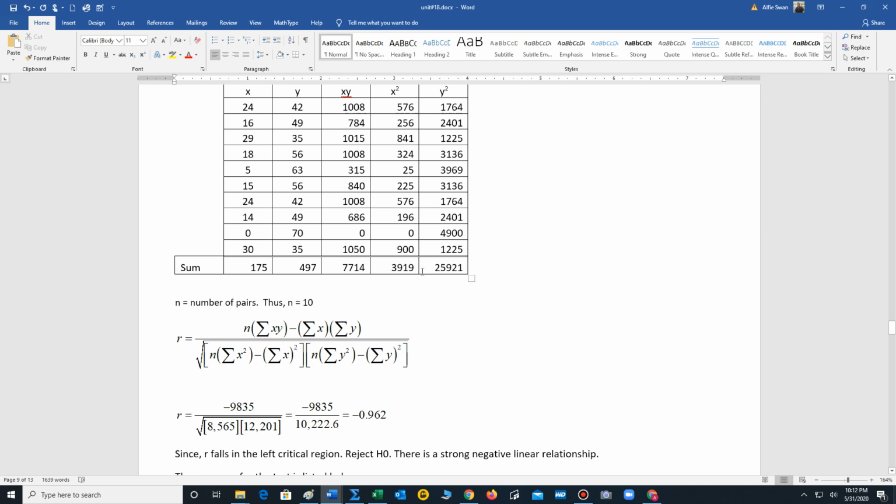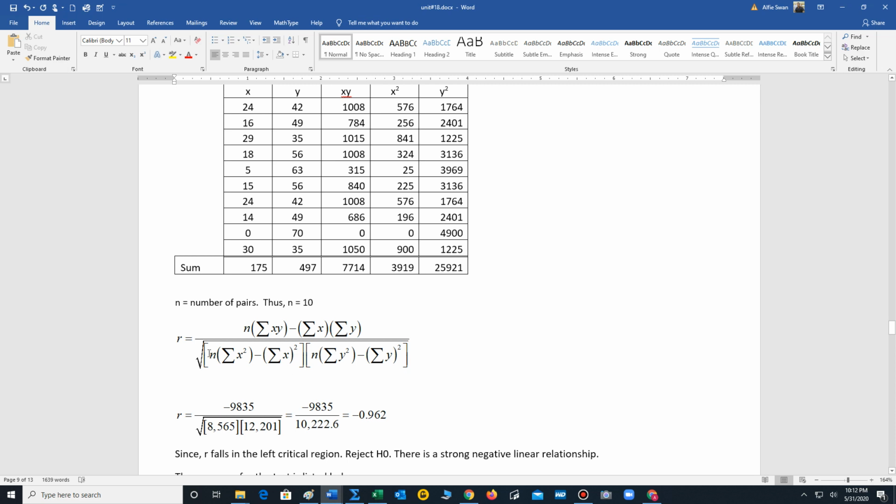It's these sums that will help us determine R. Remember, n is the number of pairs, n is 10. So the formula for R, in the numerator, we have n times the sum of the xy column minus the sum of the x column times the sum of the y column, divided by the square root.